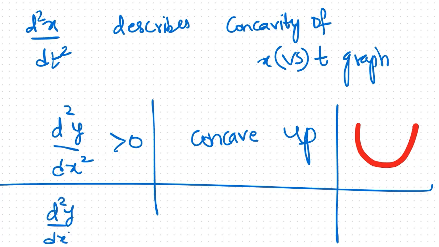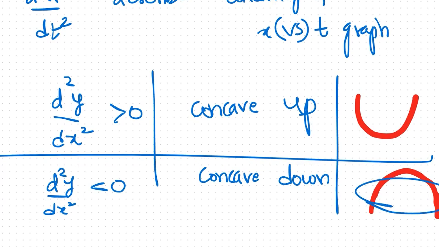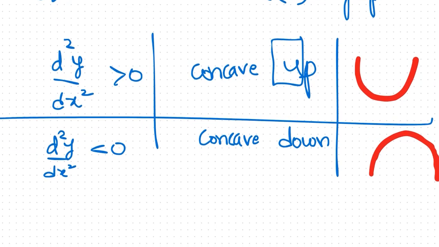What about the negative case? Then it'll be concave down. The diagram will be like this. Notice we don't call it a parabola; it can be anything. I think you know how to remember this: up means U up, and down means the opposite.